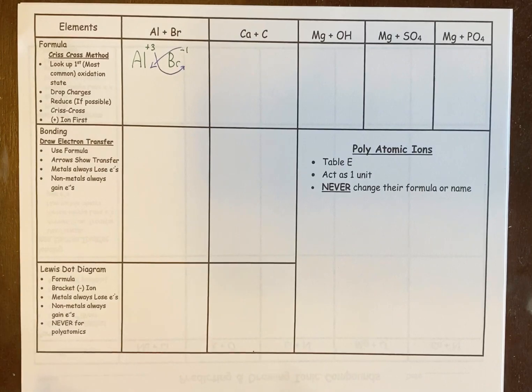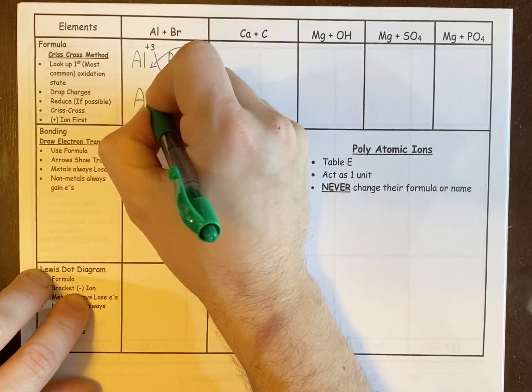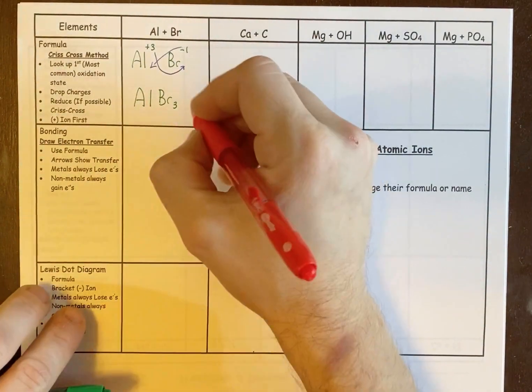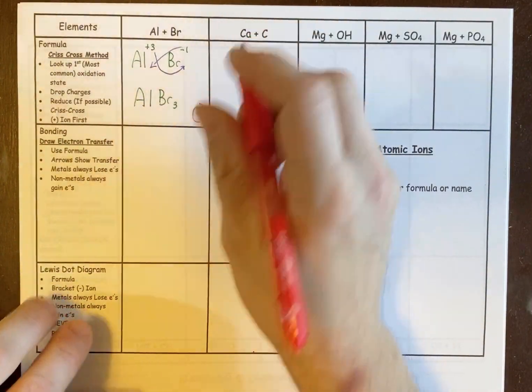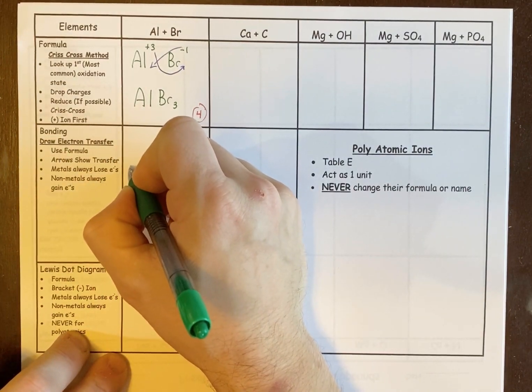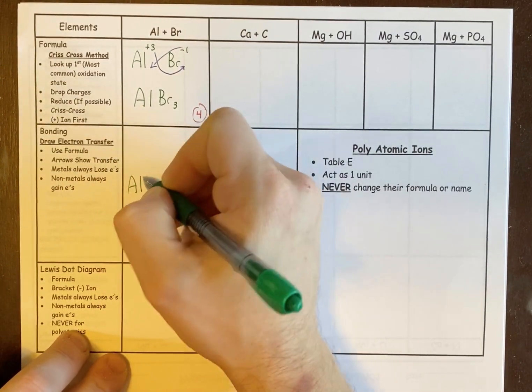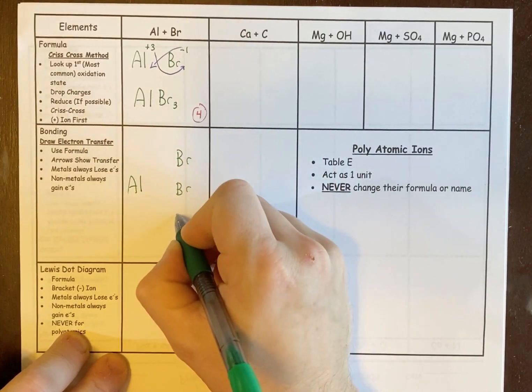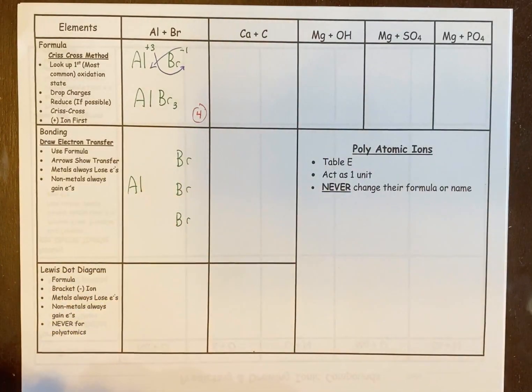So we end up with AlBr3, and we get 4 atoms. When we draw it out, 1 Al, and 3 Brs.